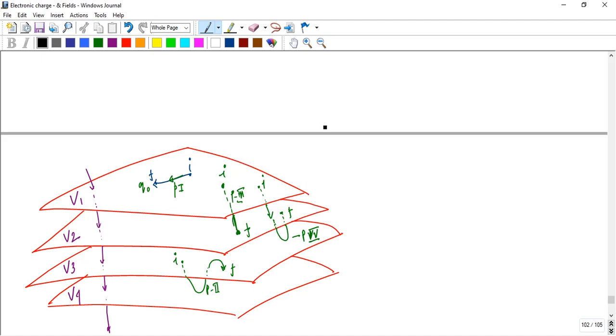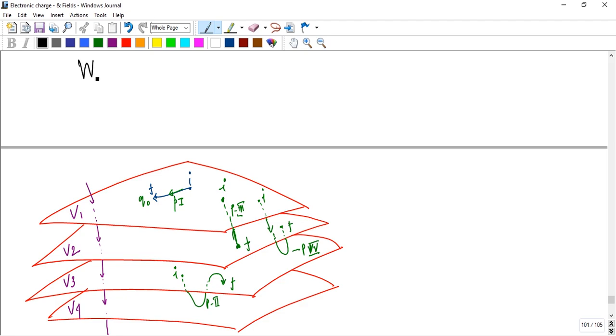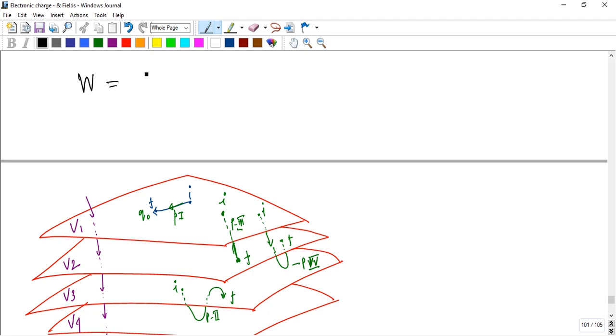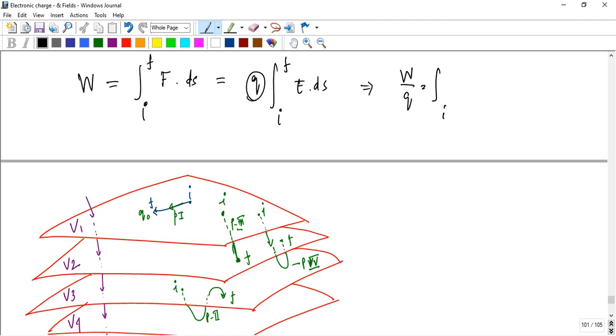We know the work done on charge Q is force times displacement, say ds, and the force is F equal to Q times E. So W equals Q integral from I to F of E dot ds, and W by Q I to F is E dot ds.